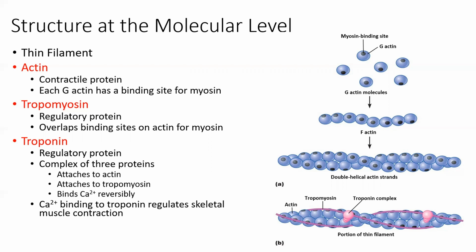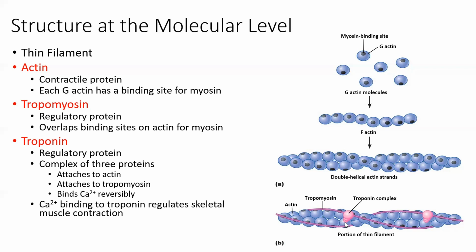The second regulatory protein here is troponin. And troponin is actually a complex of three other proteins that form one troponin complex. One of those proteins on this complex attaches to actin, so kind of the deepest one that we can see here. So this pink structure is that troponin complex.